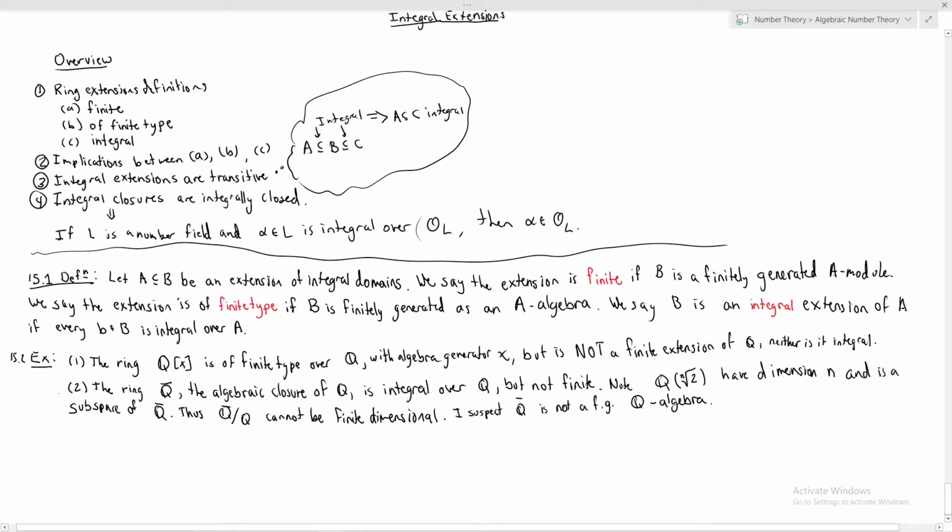So these two examples really show you that these conditions are all somewhat distinct. So what we'll see next is that finite is, in some sense, the strongest condition you could ask for. So if my extension is finite, then it's necessarily of finite type and integral. So that's the next proposition. So this should be 15.3 proposition.